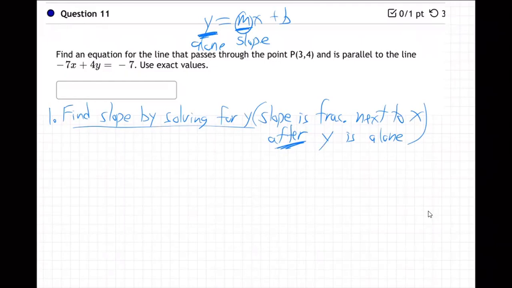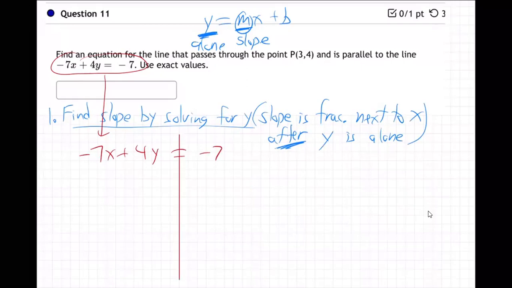So we've got to find the slope. Let's take the equation they gave us right here. Bring it on down: minus 7x plus 4y equals minus 7. We're going to solve for y. So how do we get y here? We need to add 7x to both sides, like so.